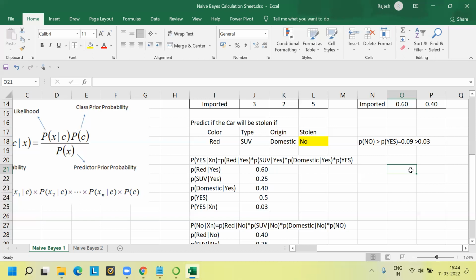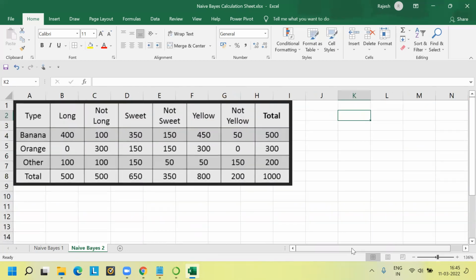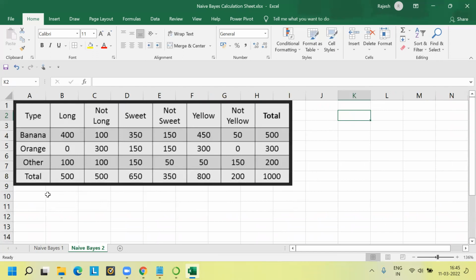Got it, all of you? Now let us go to the multinomial problem. The next problem is a multinomial problem. Here, the dependent variable is fruit.